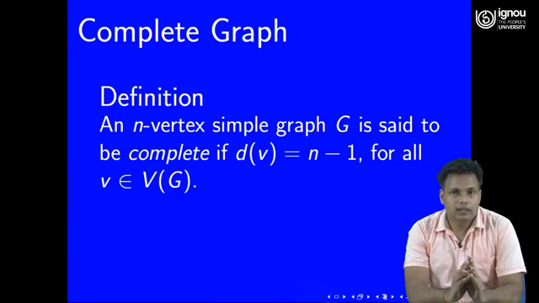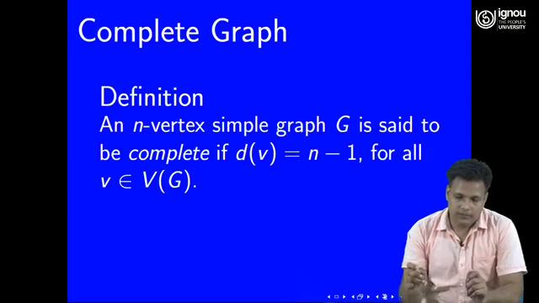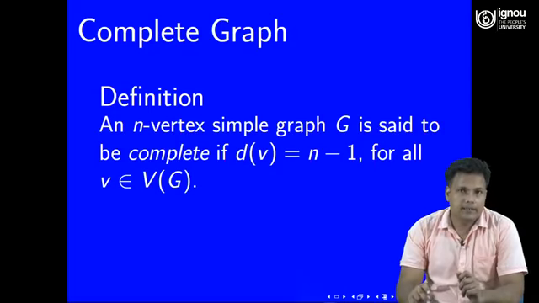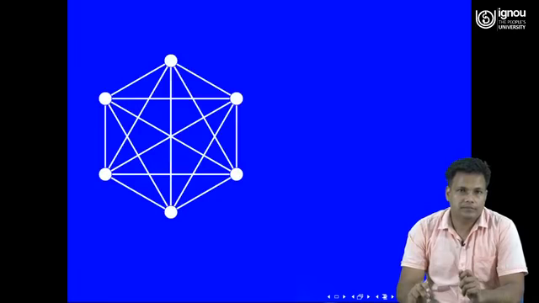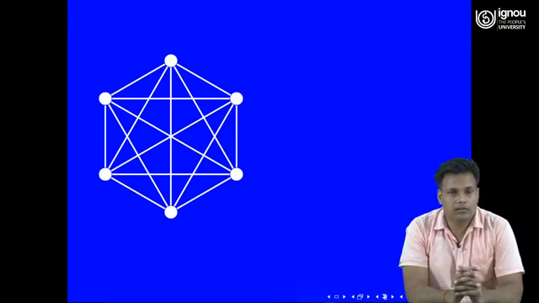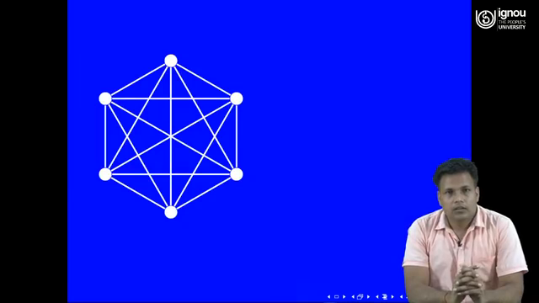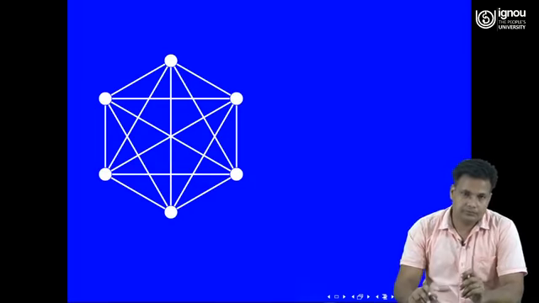That is, there is no edge left, in fact it contains the maximum number of edges. For example, look at this graph. You can see that every vertex is adjacent to every other. So this is a complete graph.